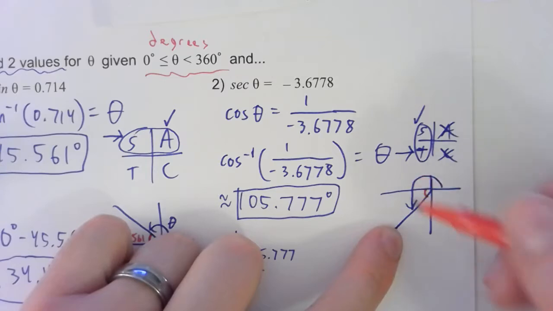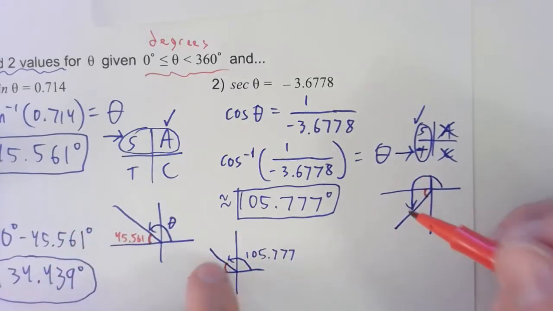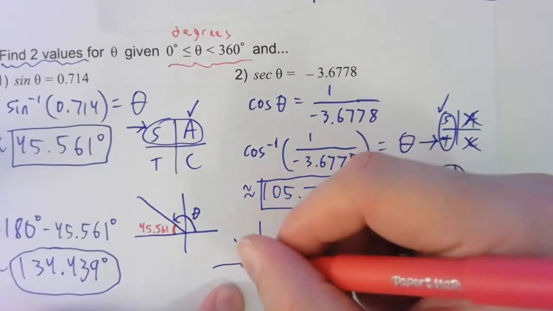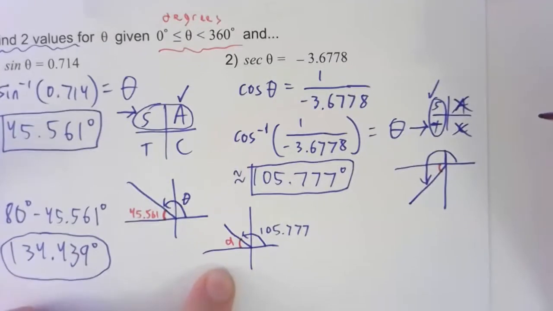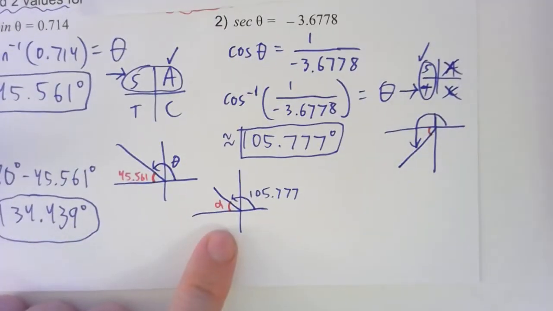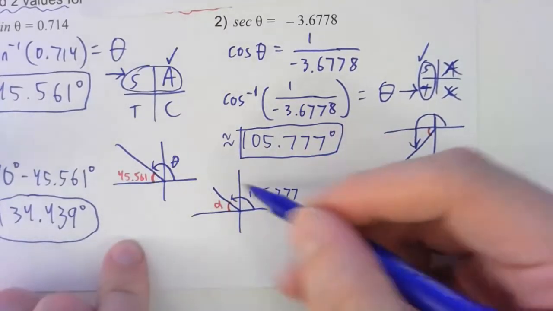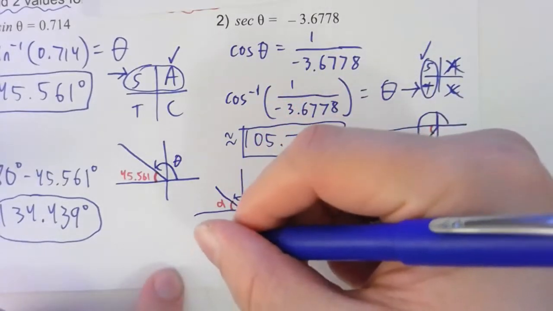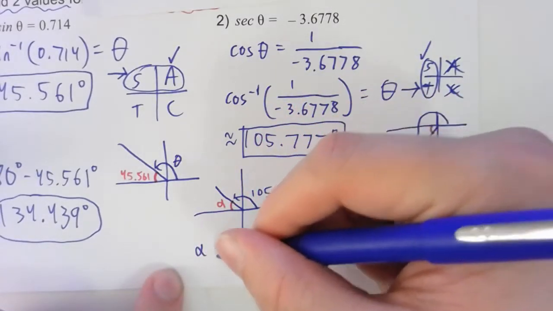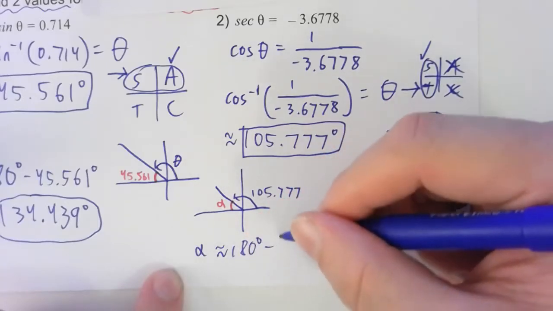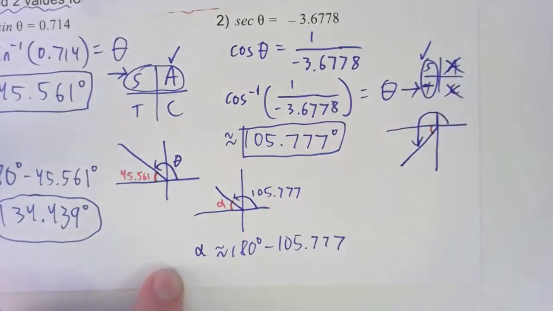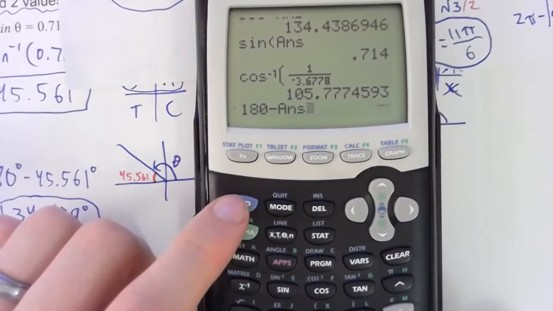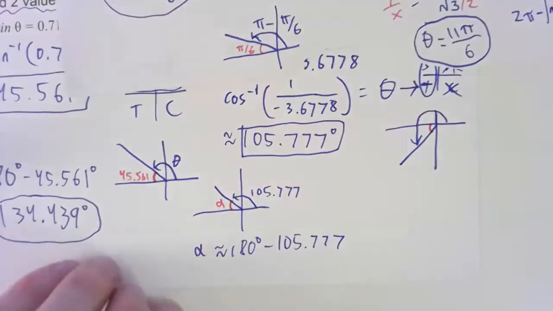These have to be the same triangles. They have to have the same reference angle. So let's find this reference angle. Remember, we used alpha for reference angle a lot. So if I want to find alpha, I want to take 180 and take out the 105.777. So alpha is about equal to 180 degrees minus 105.777. So 180 minus, remember, second negative, ANS, about 74 degrees.